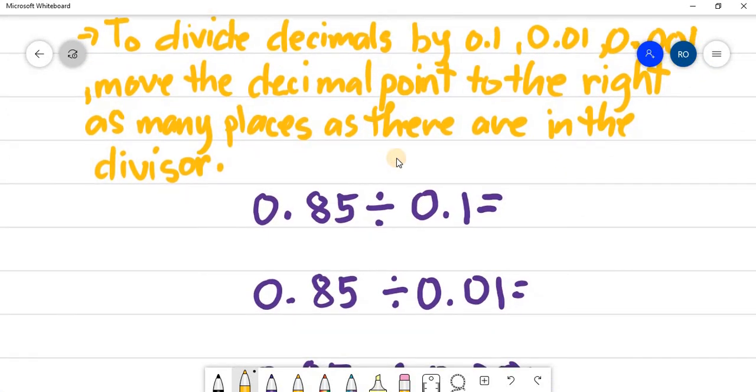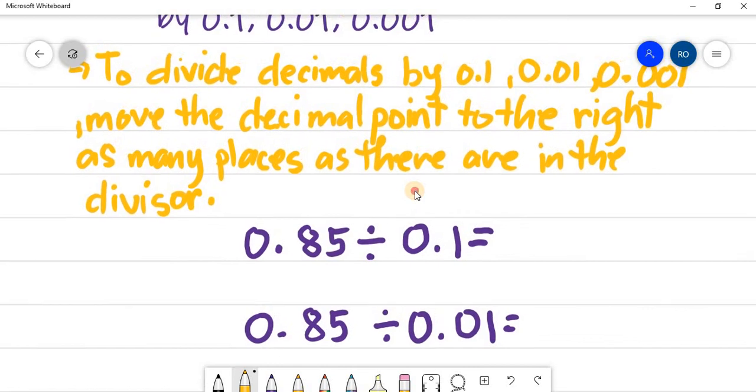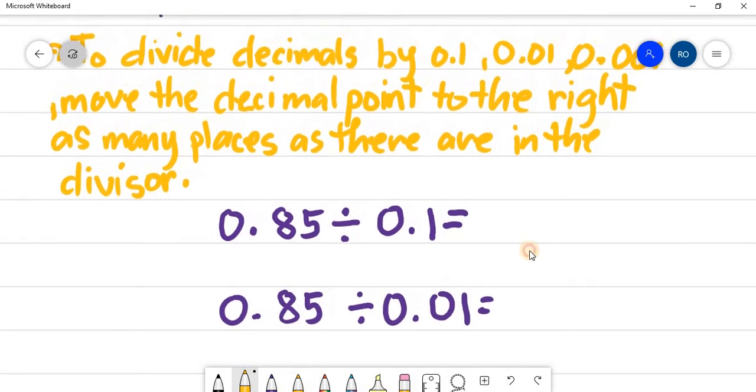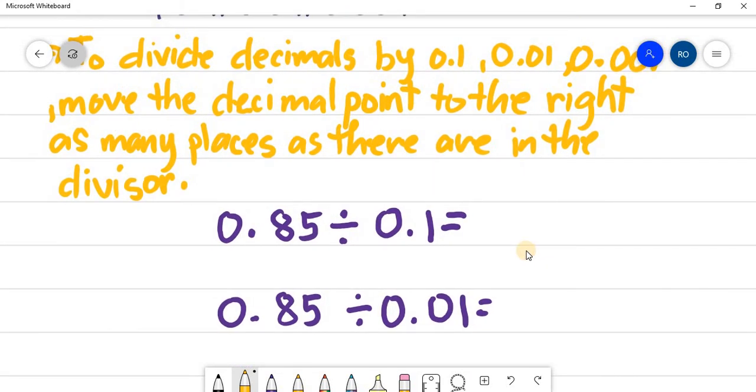To divide a decimal by these, move the decimal point to the right as many places as there are in the divisor. Let's take for example 0.85 divided by 0.1.